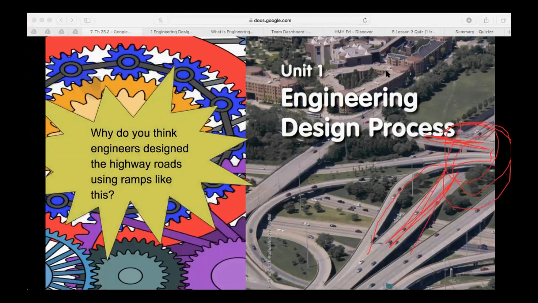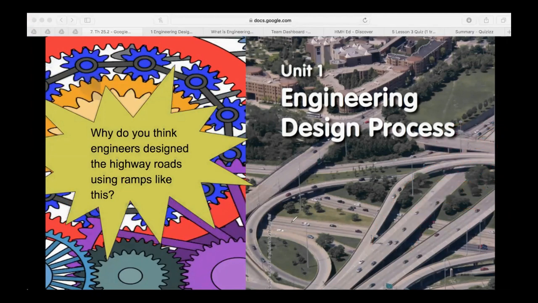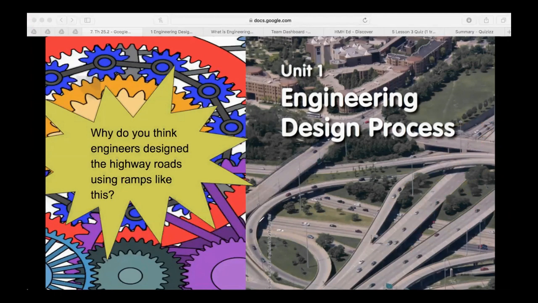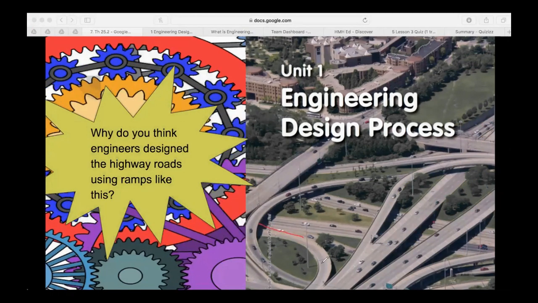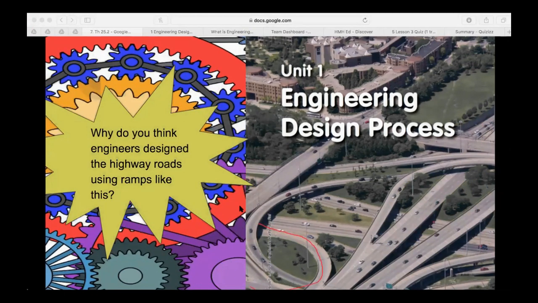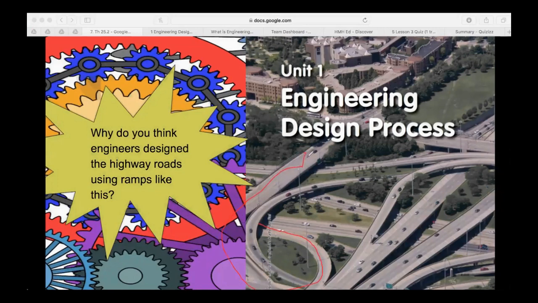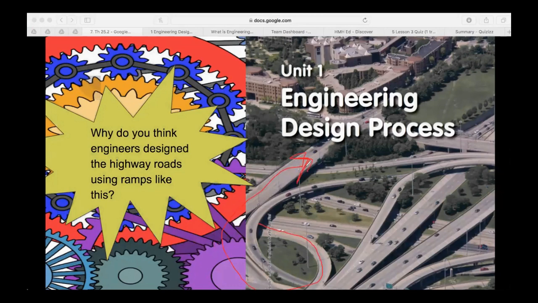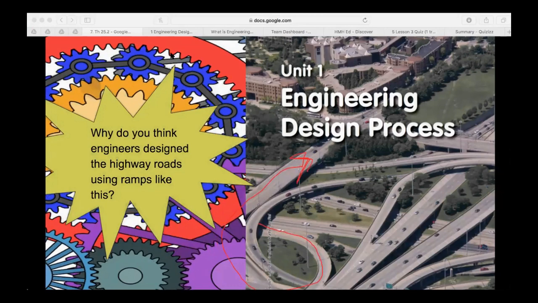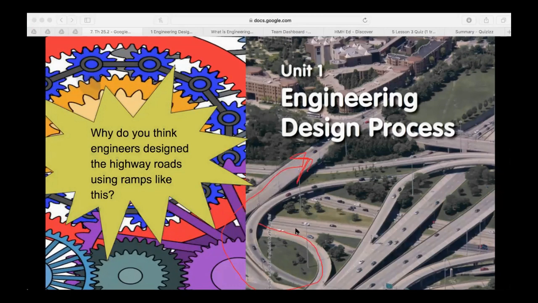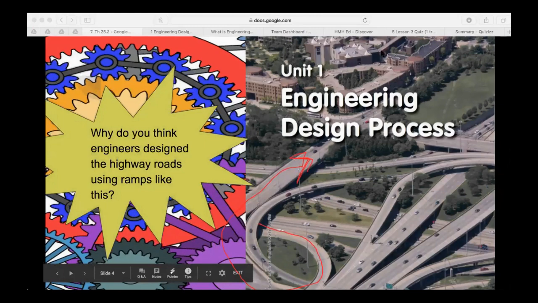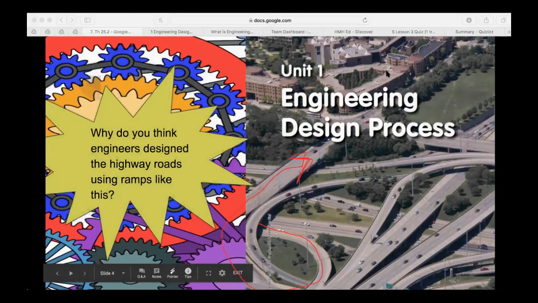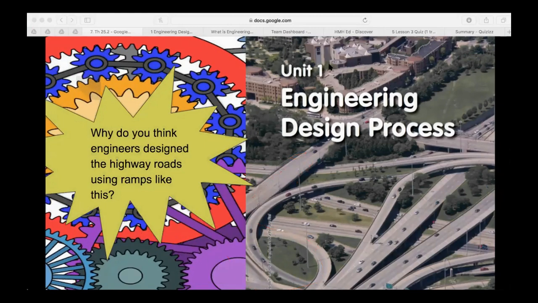Instead, we do the ramp. Here's another example. You come off this road onto this ramp, go up, and now you're on this road. So I've gone from this one to this one using this ramp. Ramps take you from one place to another place. Go ahead, what's your question?